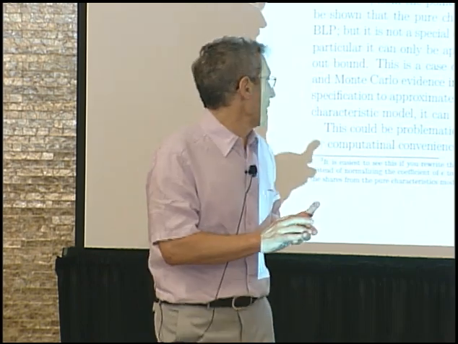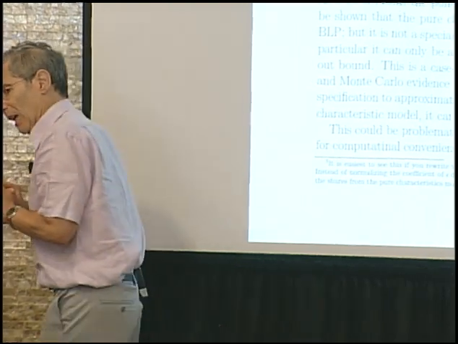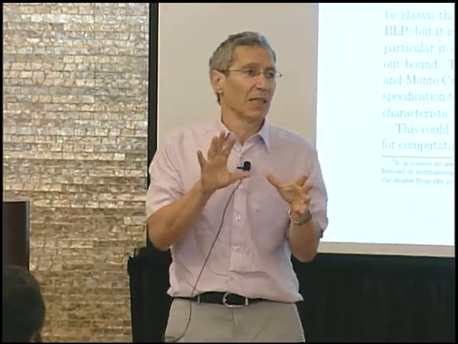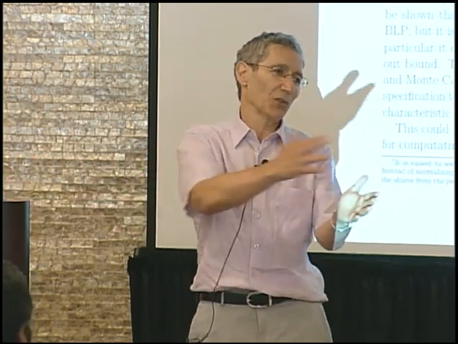So the question is, when is this problematic? There are two cases where it can be problematic. What happens with the logit errors is they can go off to infinity and minus infinity. They have what's called full support.